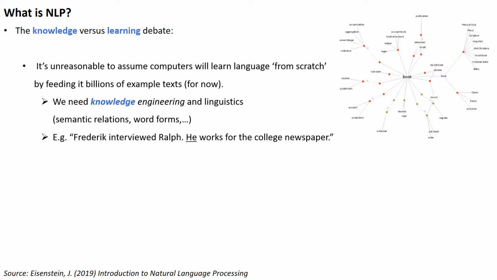Well, journalists do, right? And journalists work for newspapers. And so because we have these implicit relationships of these concepts in our head, we infer that the he in the second sentence refers to Frederik and not to Rolf. And this is something which is pretty difficult for a computer to just understand and to learn from the ground up just by looking at examples.